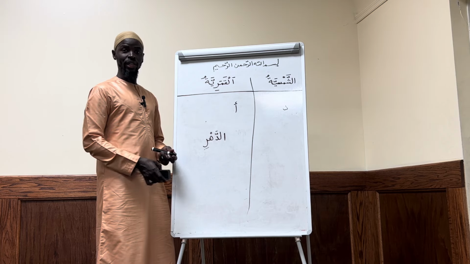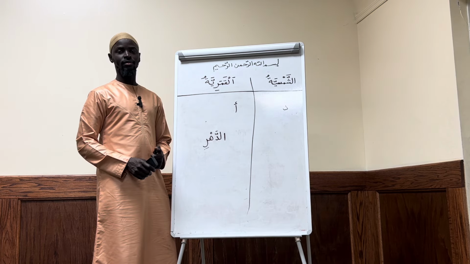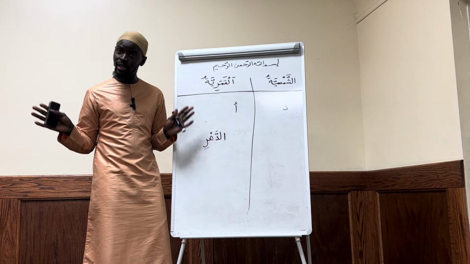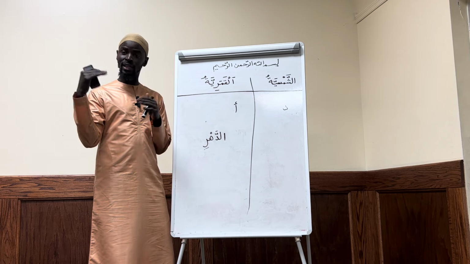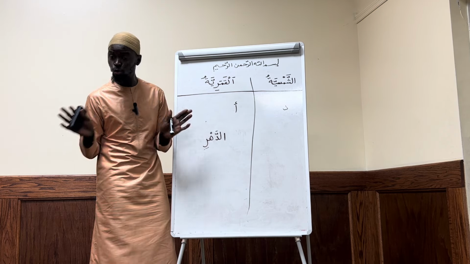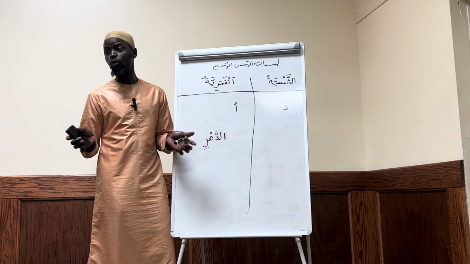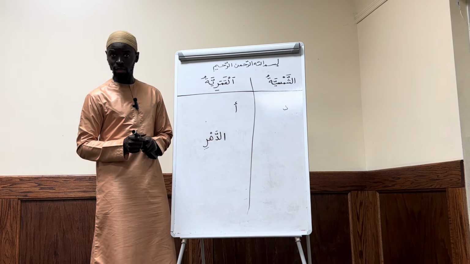Now with the sun letters you don't have sukoon on top of the lam. With all the sun letters, that's a good question. With all the sun letters, you don't have sukoon on the lam. There is no sukoon on the lam with all the sun letters. You get that?